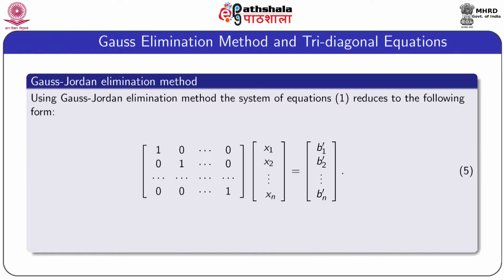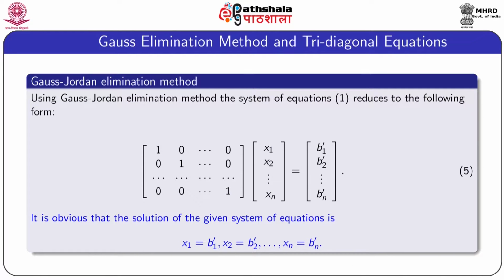That means the coefficient matrix is transformed to a unit matrix, and the right hand vector is correspondingly changed. So it is obvious that the solution of the given system of equations is x1 equal to b1 prime, x2 equal to b2 prime, and so on up to xn equal to bn prime.